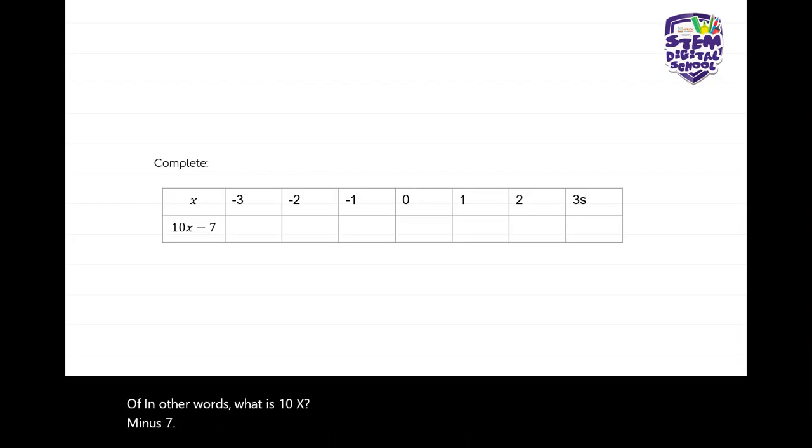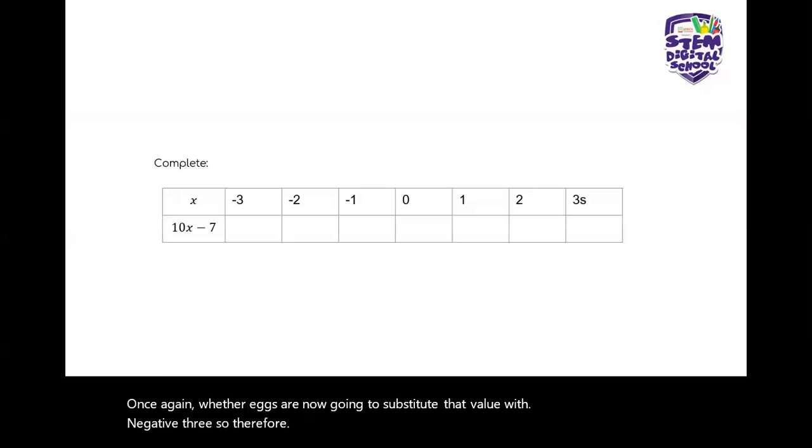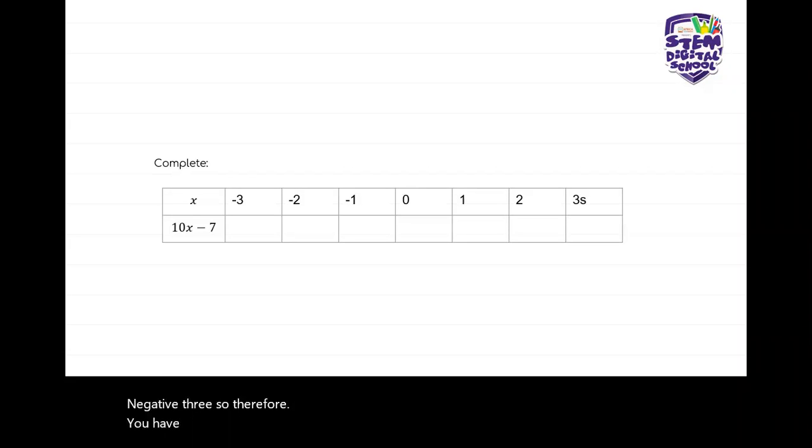If x is -3, what is the value of 10x minus 7? So once again, where there is x, you're now going to substitute that value with -3. So therefore, you'd have 10 into -3, because now you are subtracting 3 there.